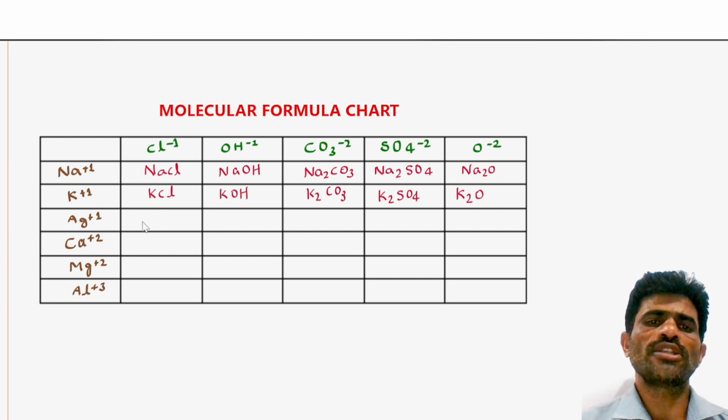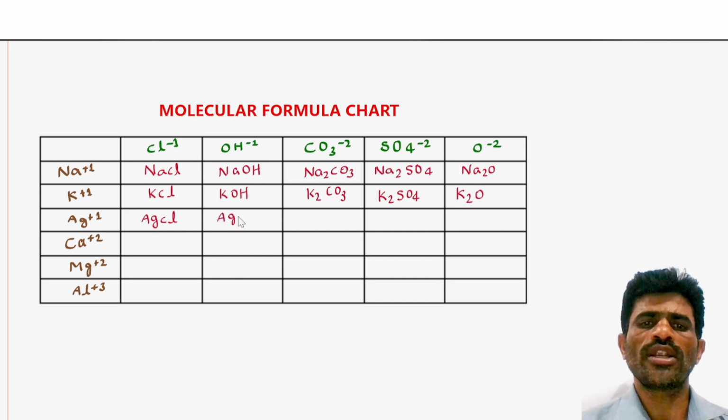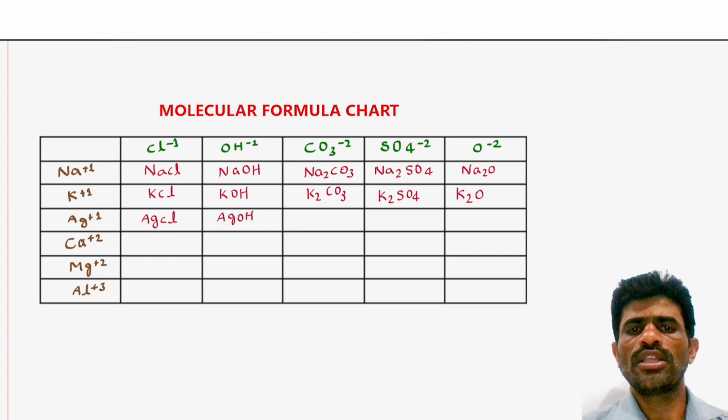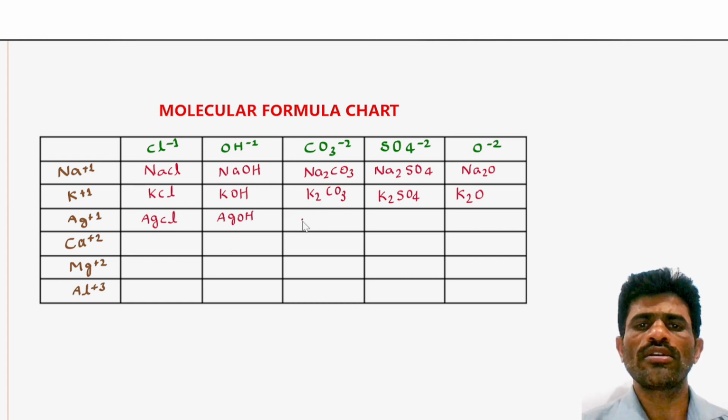Silver chloride, it is also similar to the previous two, because silver valency is 1, silver chloride will be just AgCl. Silver hydroxide, it is also same, AgOH, because valencies are same, we do not multiply. Coming to the next, silver carbonate. In silver carbonate, it should be multiplied by 2, Ag2CO3, like before.